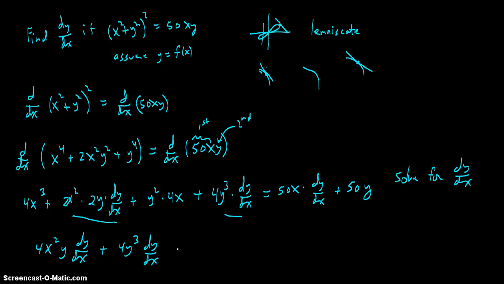Then we have another dy/dx term on the other side of the equation, so we have to move it: minus 50x dy/dx equals, on the other side, 50y, which is on the right already, and then 4x cubed has to get moved over, so minus 4x cubed and minus 4xy squared.